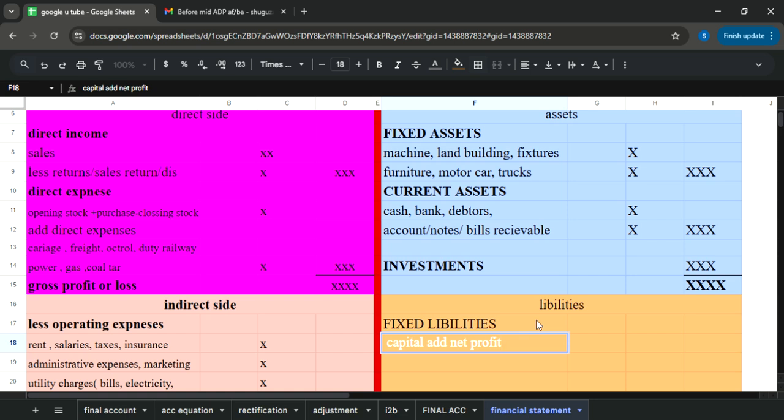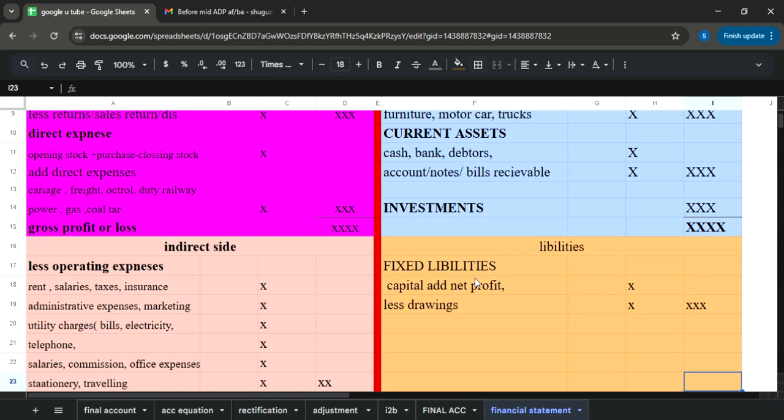Capital, add net profit, and then you will subtract drawings from here. A sum you will write over here, final answer, fixed liabilities. Here you will be writing capital, then you will add net profit, drawings would be subtracted, final sum would be put over here. This would be sum of your fixed liabilities.